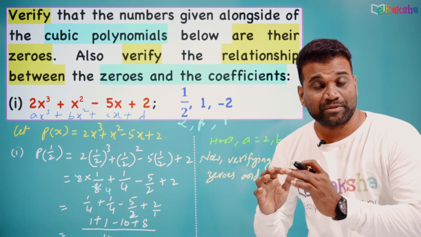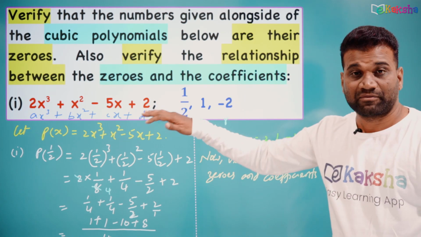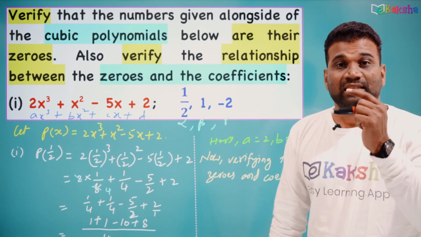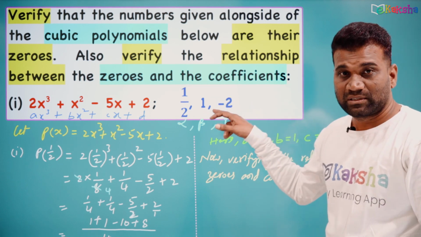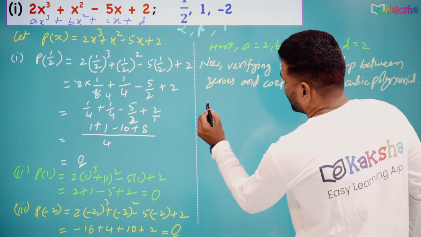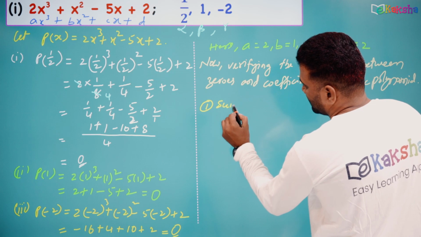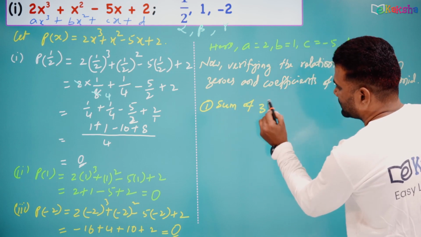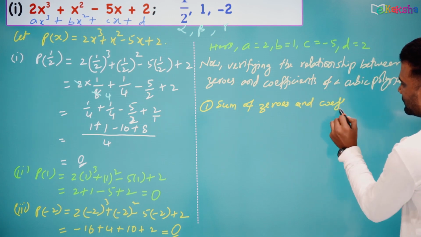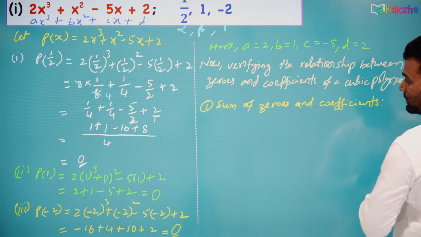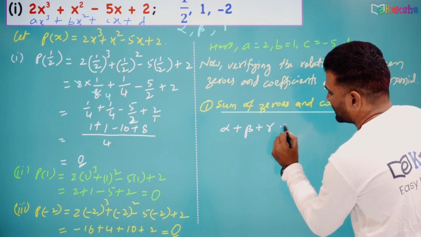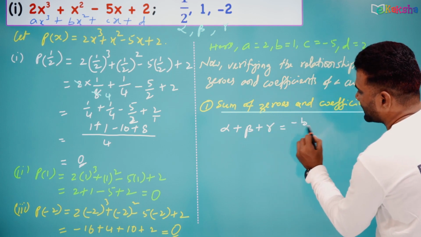We have three relationships between zeros and coefficients of a cubic polynomial. In that, the very first one is the sum of zeros and coefficients, that is, alpha plus beta plus gamma is equal to minus b upon a.